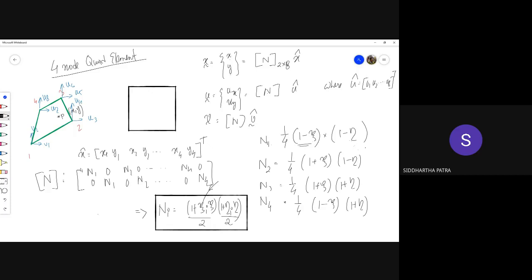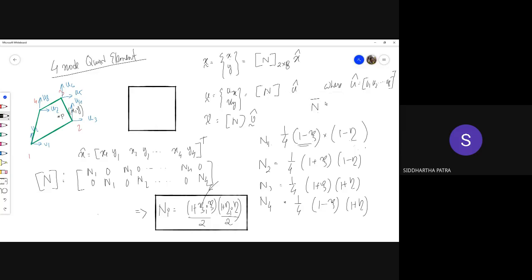Any confusion up to this part? It is going to be exactly similar to what we did for the CST element, except the shape functions are of a different nature, with different expressions.